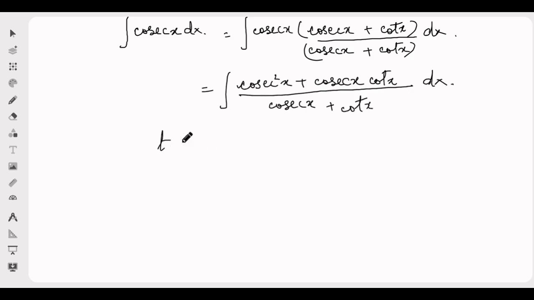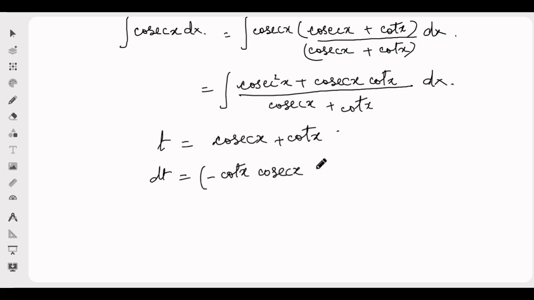Here let us substitute cosec x plus cot x as equal to t. On differentiating this function with respect to x, you will get the derivative of cosec x is minus cot x cosec x, and derivative of cot x is minus cosec square x dx. Let us take the minus on this side.